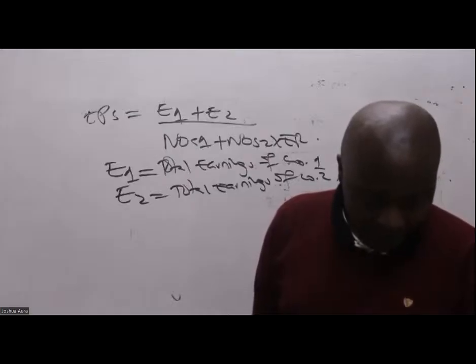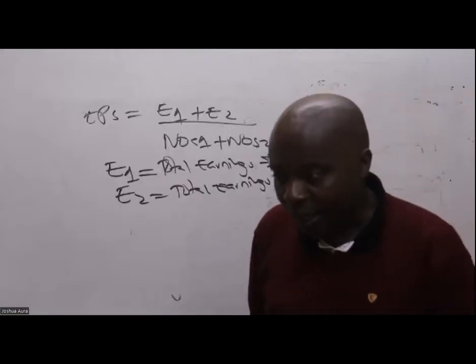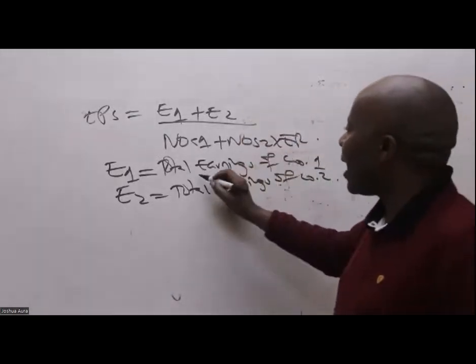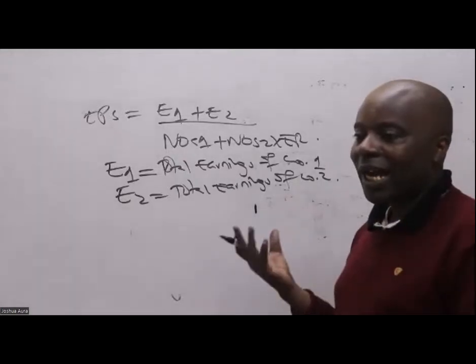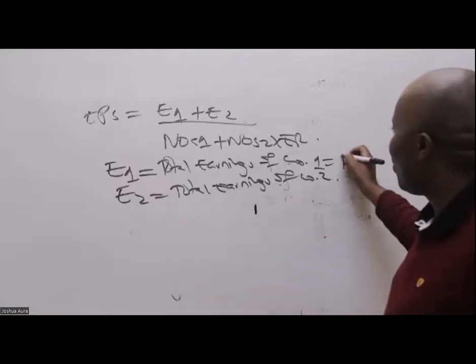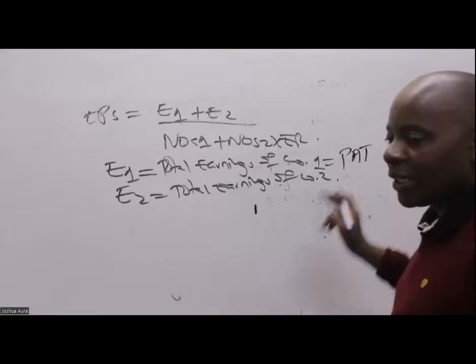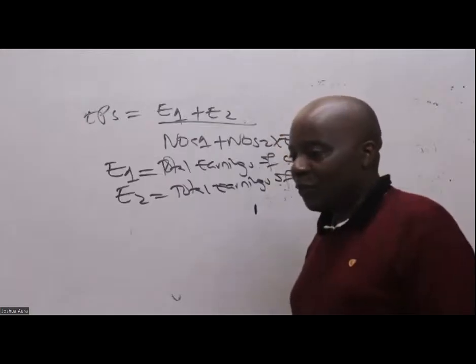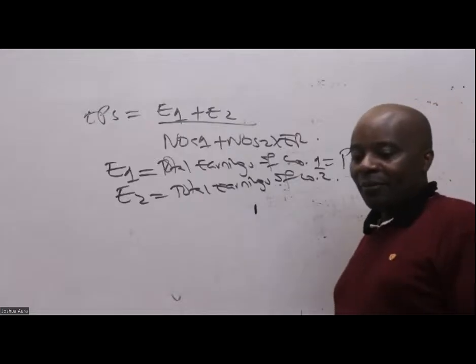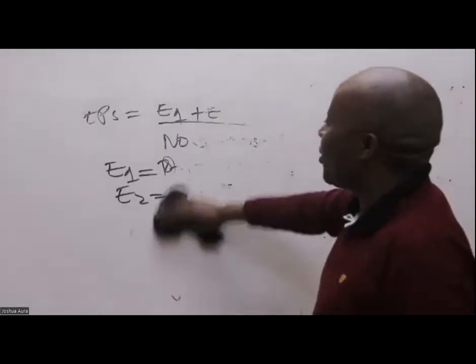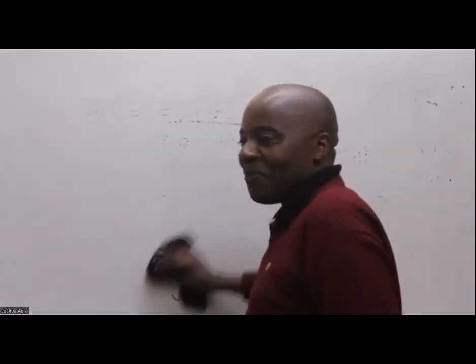Earnings attributable to ordinary shareholders are profit after tax, so he said here EPS equals PAT, profit after tax. Great. May 2015, question number 5A.